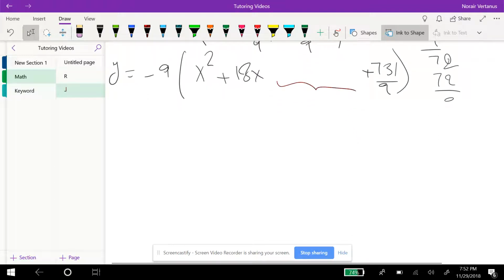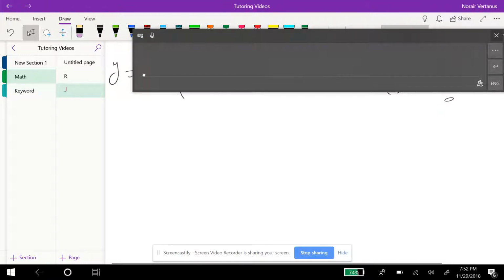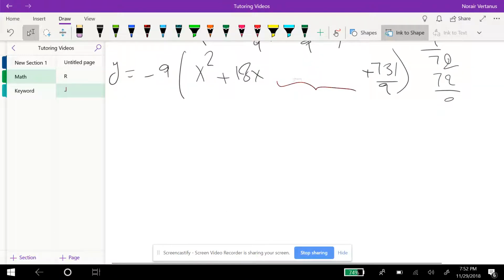Now, I need to figure out what numbers to add and subtract over here. To do that, this is the rule. You pick this number, 18, and the first thing is divide by 2. Divide by 2, I'm going to get 9. Second rule is square it.